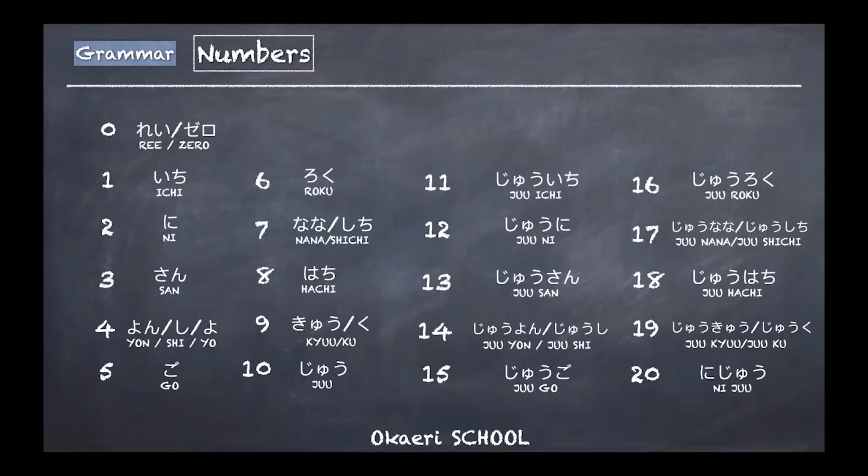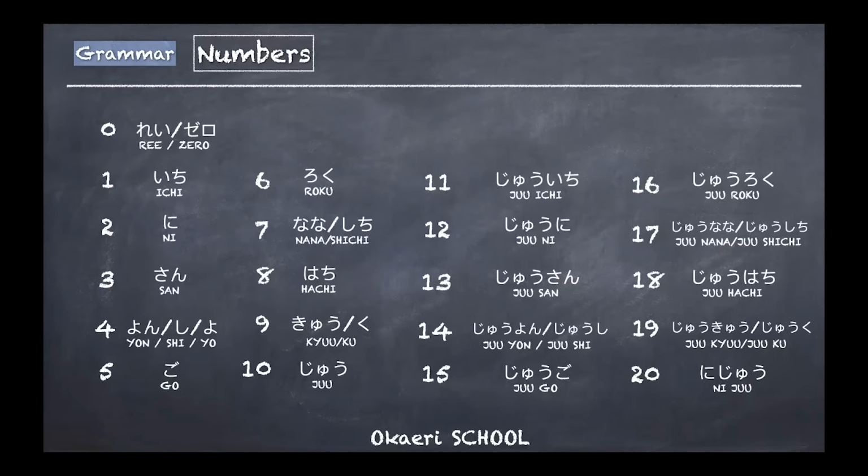Things work very logically in the Japanese number system. So 0, rei or zero. 1, 2, 3, 4, 4 is yon or yo, depending on what kind of suffix we use. 5, 6, 7 or nana, 8, 9 or kyuu, 10. That was up to 10.